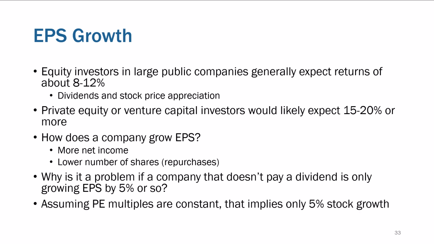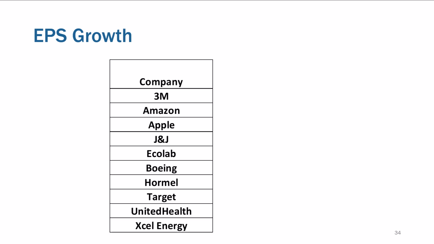But here's the problem. Equity investors don't want just a 5% return on their stock. Assuming that price earnings multiples, which we'll talk about later, are constant, if we're only growing earnings per share by 5%, that means we are only going to be growing our stock price by 5%.